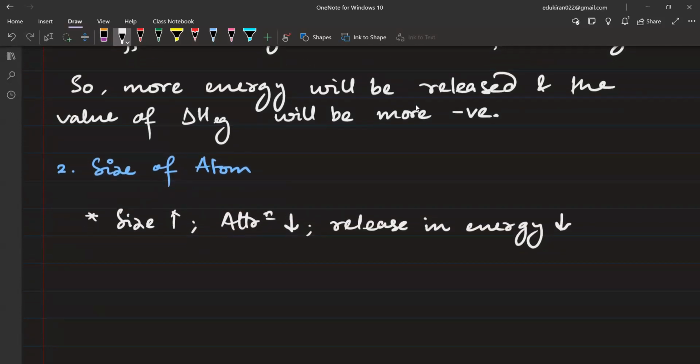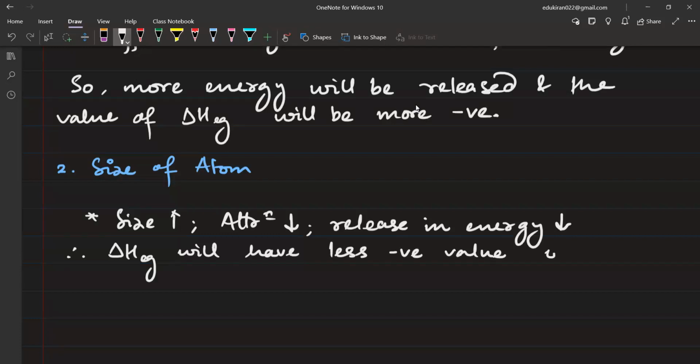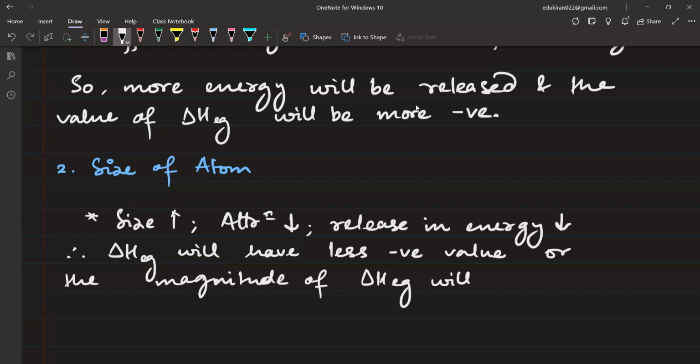Therefore, delta HEG will have a less negative value, or the magnitude of delta HEG will be lower.